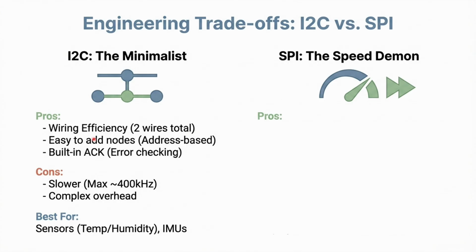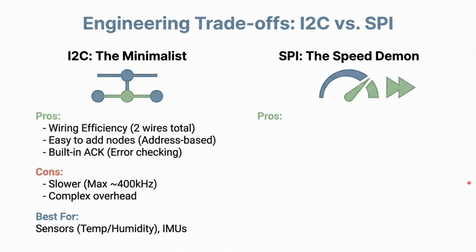The con is it is slower than SPI. It's maxing out around 400 kilohertz because the master has to waste time typing out everyone's name before sending the actual message. And it is best for small, low-speed sensors like temperature or humidity sensors.